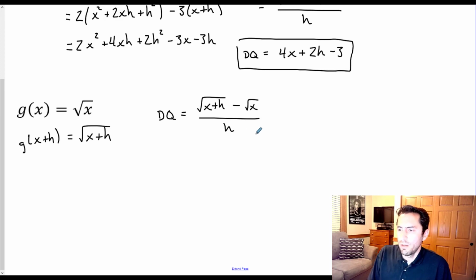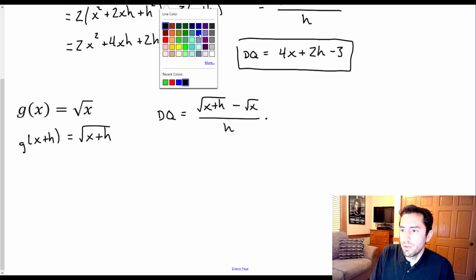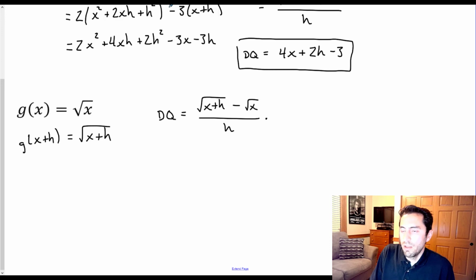Okay, now to handle this one, it doesn't look like we can simplify anything right off the bat, but we can rationalize the numerator. So to do that, I'm going to use a conjugate. With the conjugate, I know that our middle terms cancel out, so that's going to help us out here.